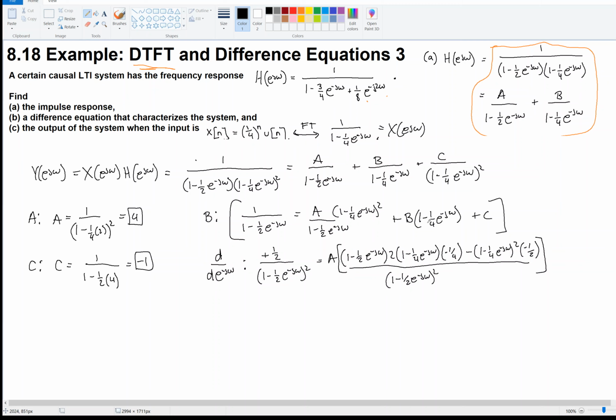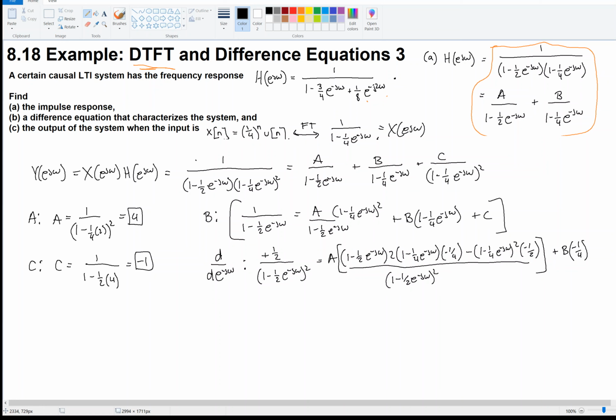And then the derivative here is, so I've got plus b times the derivative here, which is negative 1/4. And then the derivative of c is just 0. That's a constant, so that goes away.